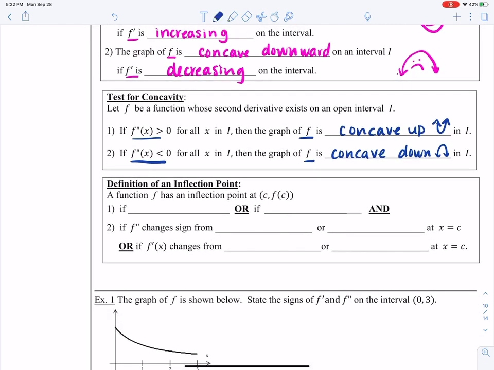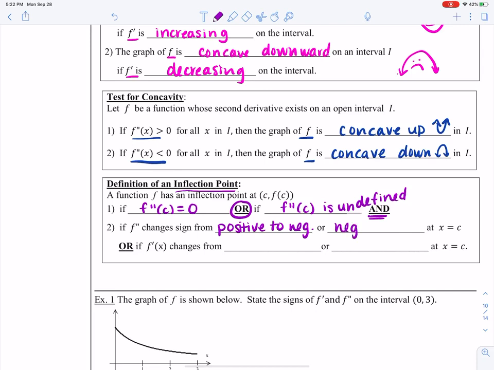A new piece of vocabulary is something called an inflection point. An inflection point happens if the second derivative at some value is equal to 0, or if the second derivative is undefined, and f double prime changes from positive to negative, or negative to positive.